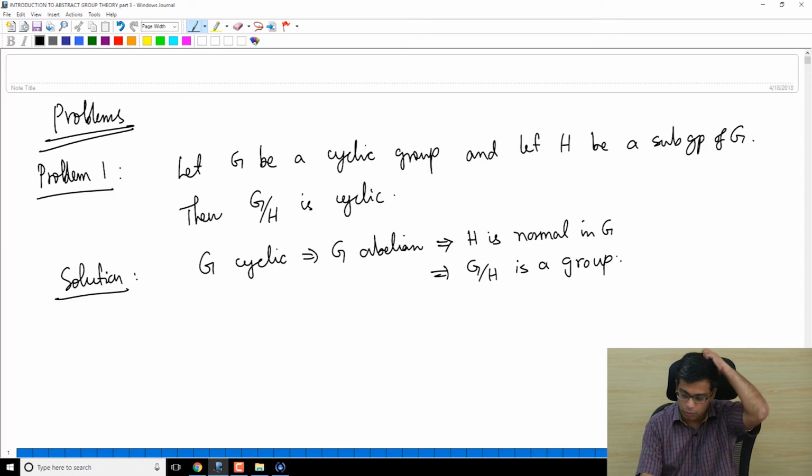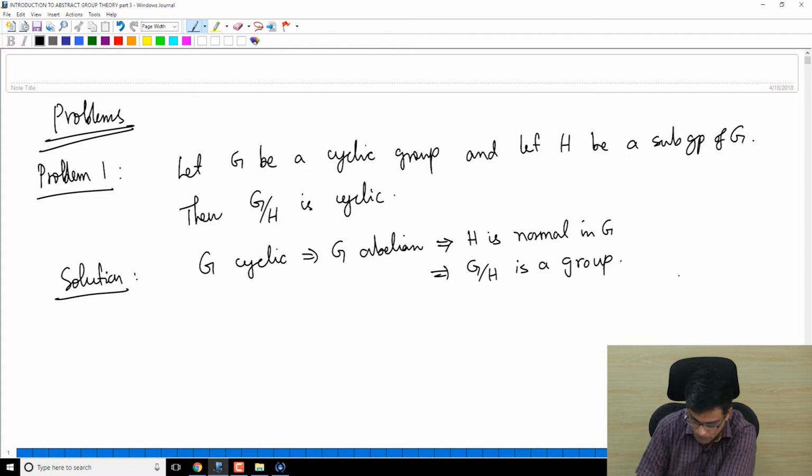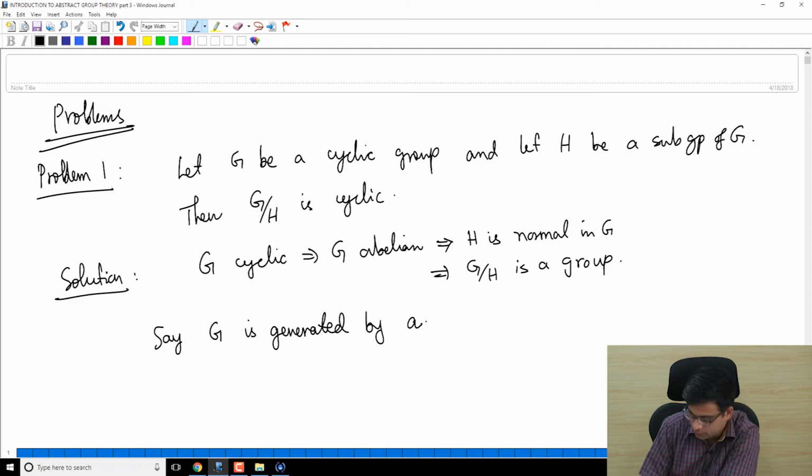So in order to even say G mod H is a cyclic group, we first need to know it's a group, but it is a group. So we need to now observe that it is a cyclic group. What is a cyclic group? Suppose G is generated by a.